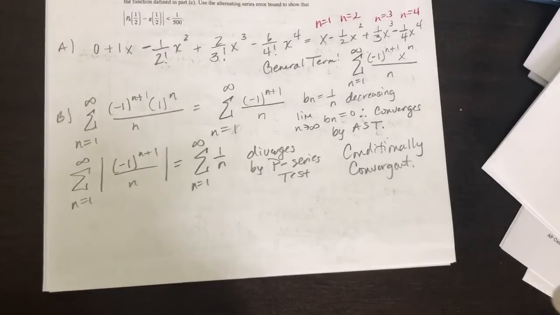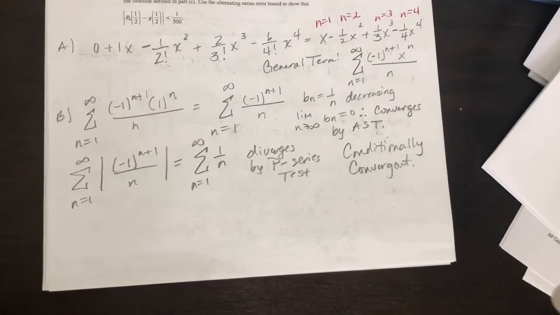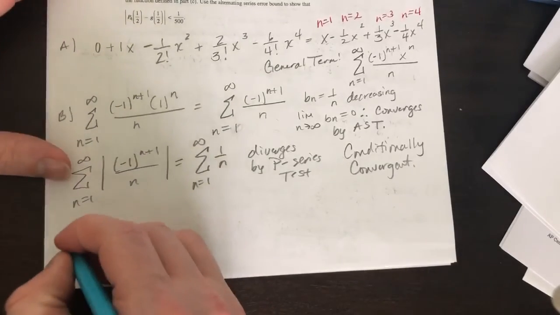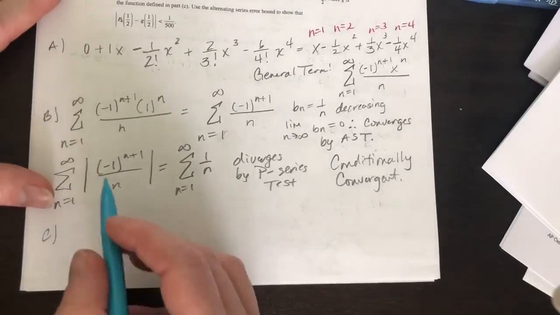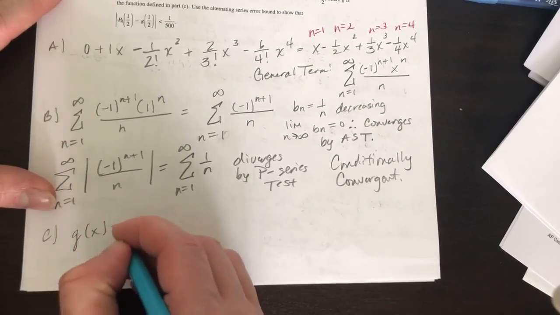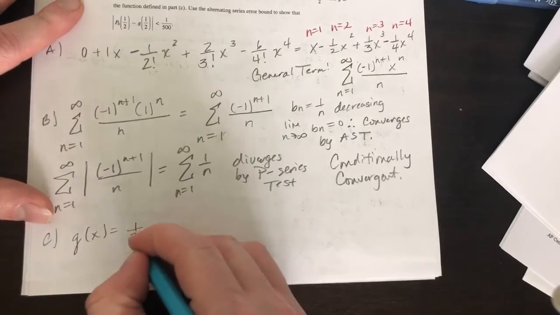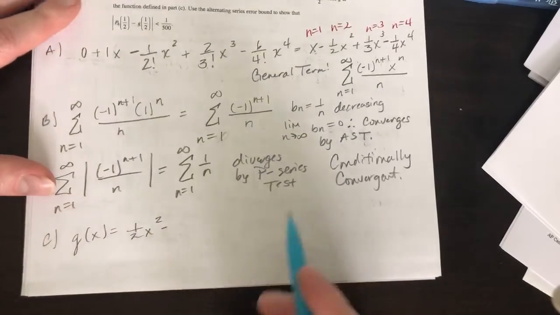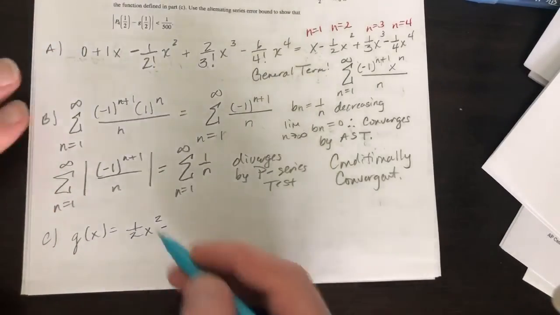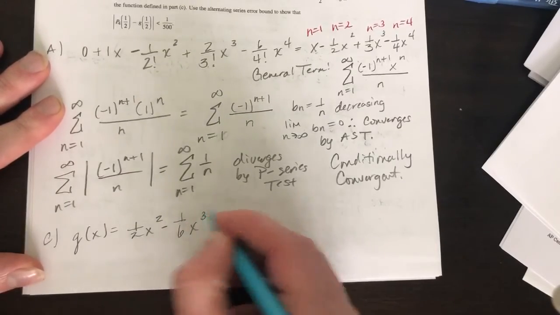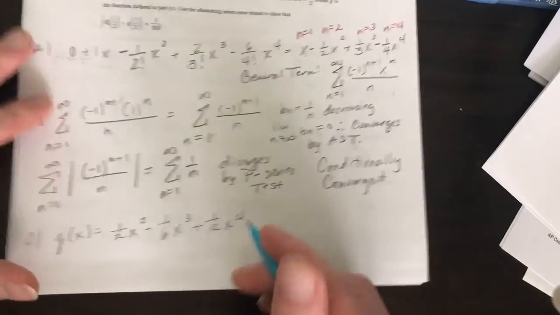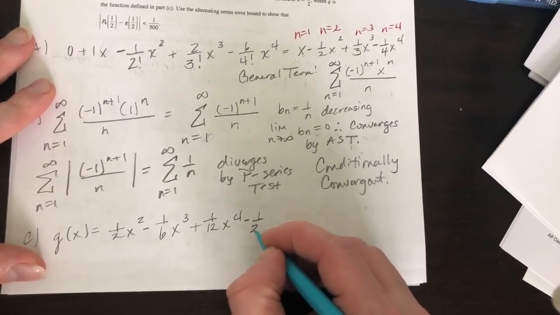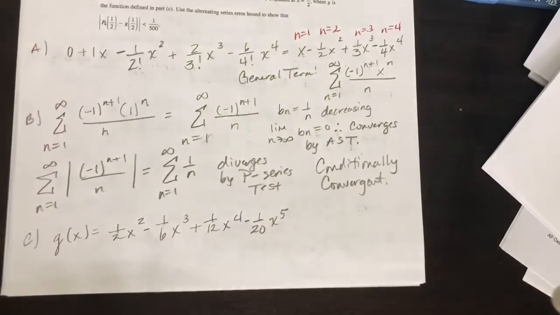Part C. Write the first 4 non-zero terms in the series for the integral. So we're going to integrate this right up here. So g of x is going to be equal to 1/2 x squared minus 1/6 x cubed plus 1/12 x to the 4th minus 1/20 x to the 5th.